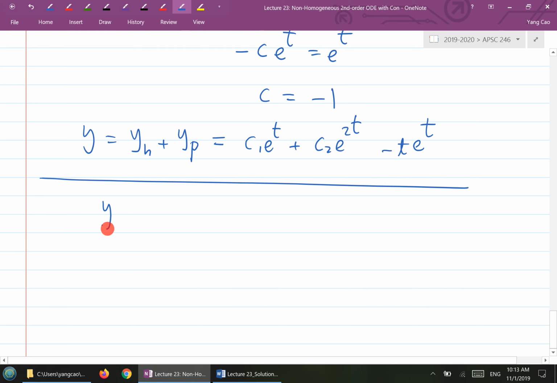So let me quickly go over the next example, just to show you the case, how we need to further modify it. Actually, do I have an example here?